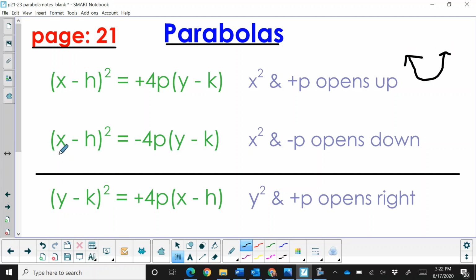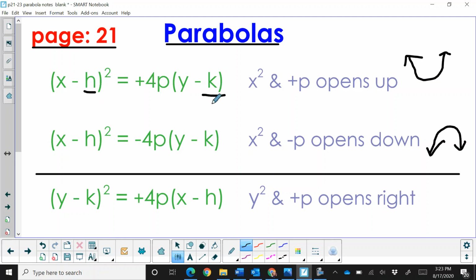The second form is also an x squared, but it's x minus h quantity squared is equal to negative 4p times the quantity y minus k. So again, we have our x squared, but p is negative this time, therefore this one faces down. And again, that should be pretty easy.